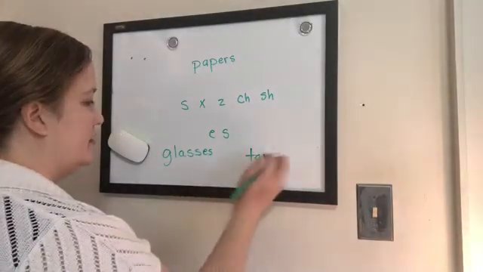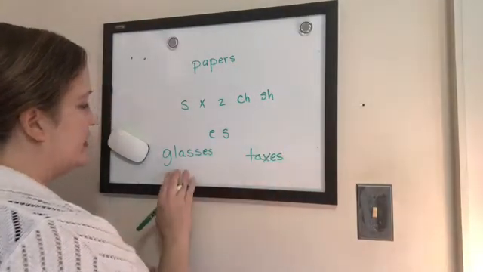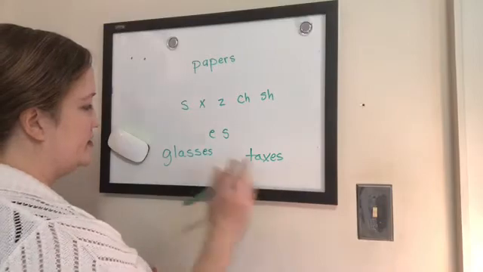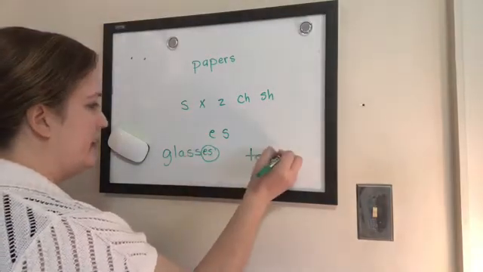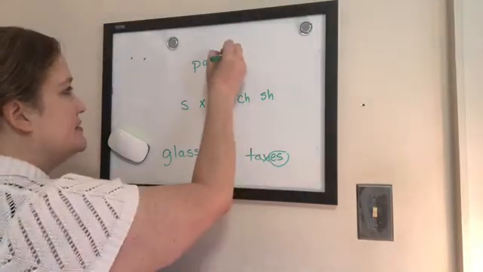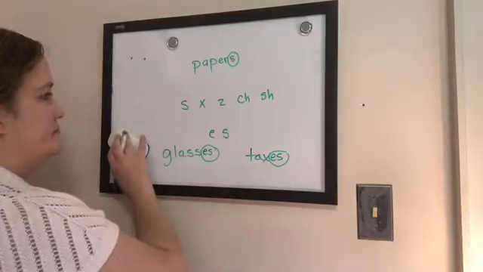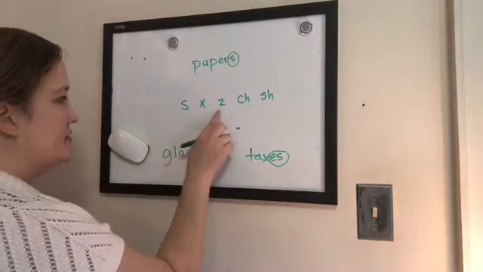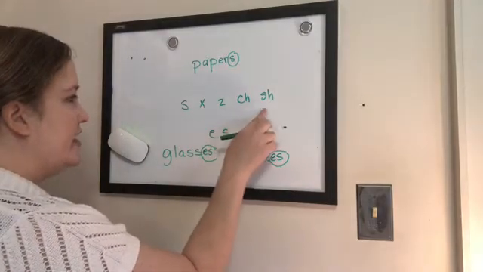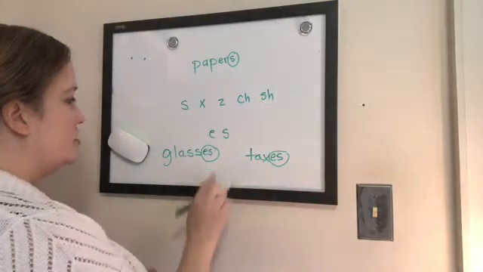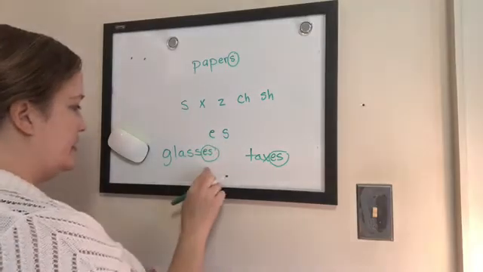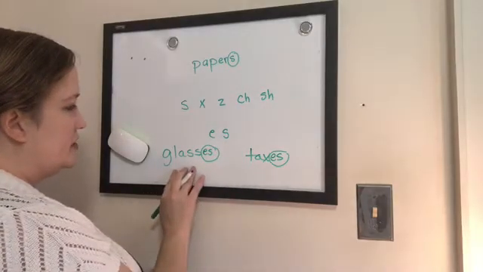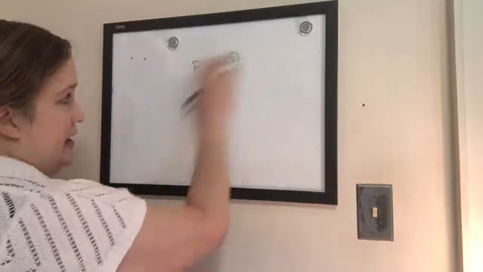Taxes is next, right here, taxes. Glasses and taxes, we added an es to make it plural. Up here we just added an s. But if a noun ends in s, x, z, ch, or sh, you add an es to the end, just like we did for glasses and taxes.